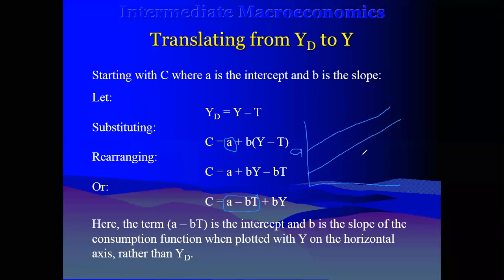But if we are expressing it as a function of income, then now the intercept is A minus BT. So this one, C, is a function of YD. But this one, C, is rather a function of Y.